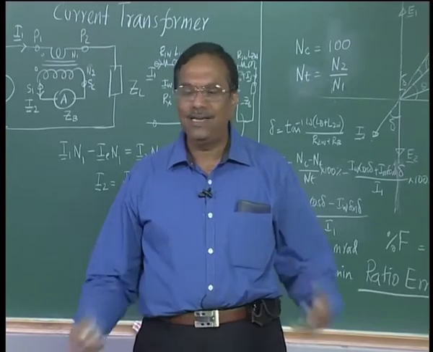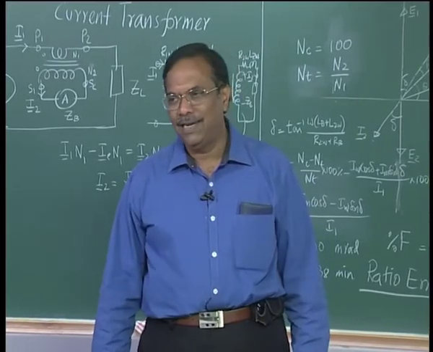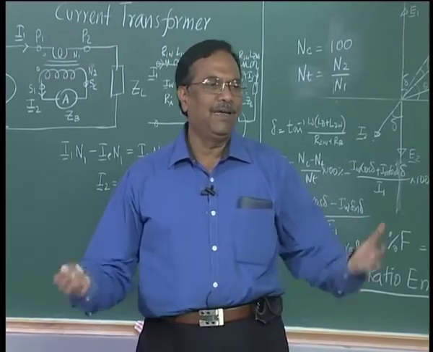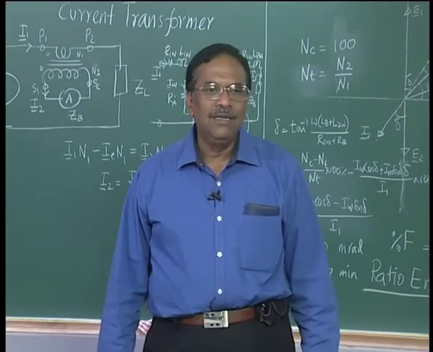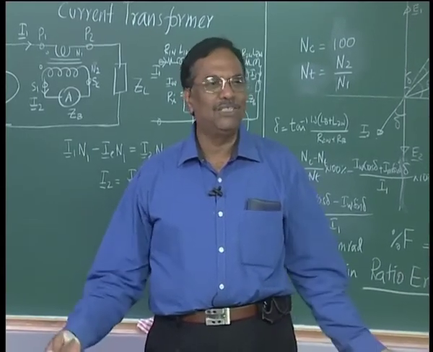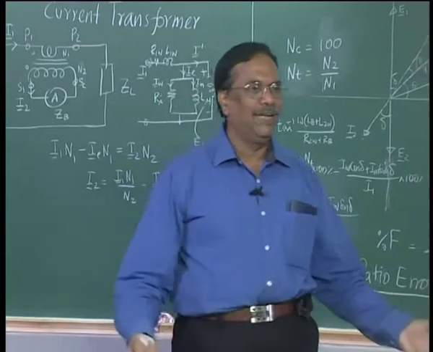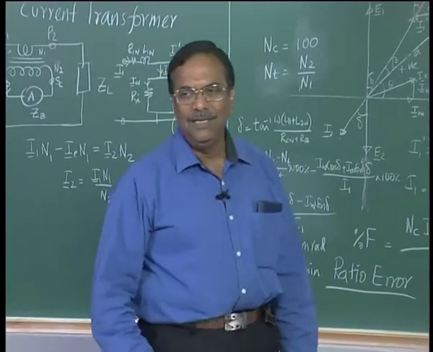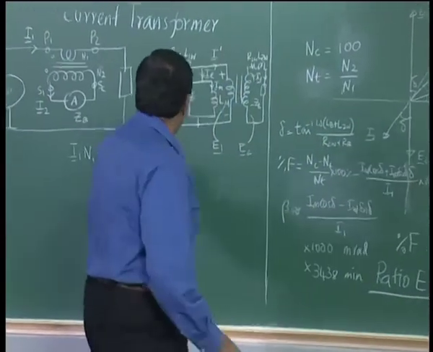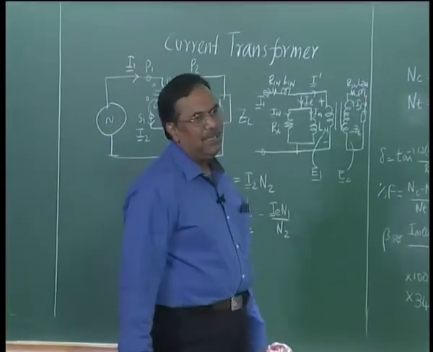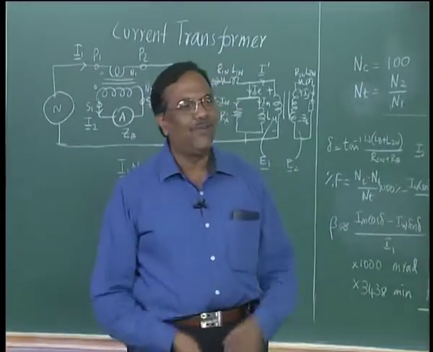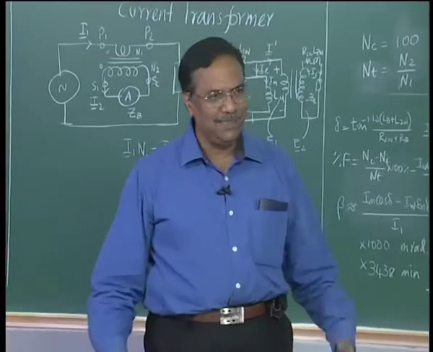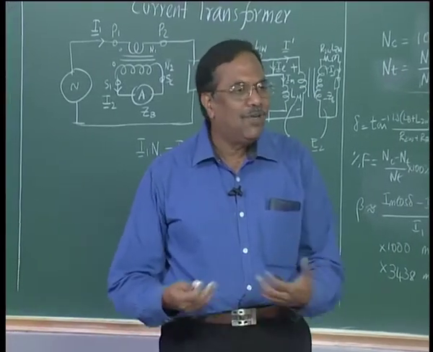Let us say I have a 100 by 1 ampere current transformer, and then the primary current goes to 10,000 amperes, right. When a short circuit occurs, you have no control over what kind of current you can get. So then my 1 ampere current will become 20 amperes, 30 amperes, 40 amperes during fault conditions, and my 1 ampere ammeter will go for a toss.